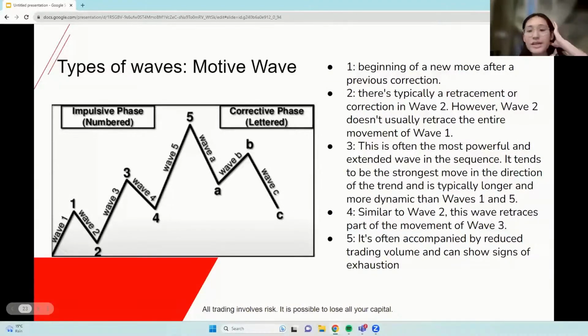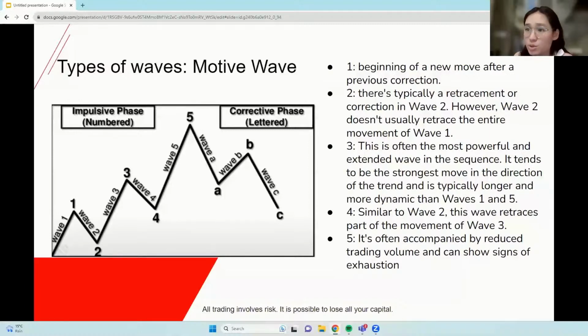So wave 1 is the initial wave in the beginning of the trend. It's often seen as the beginning of a new move after the previous correction. This wave 1 is typically not very strong yet.